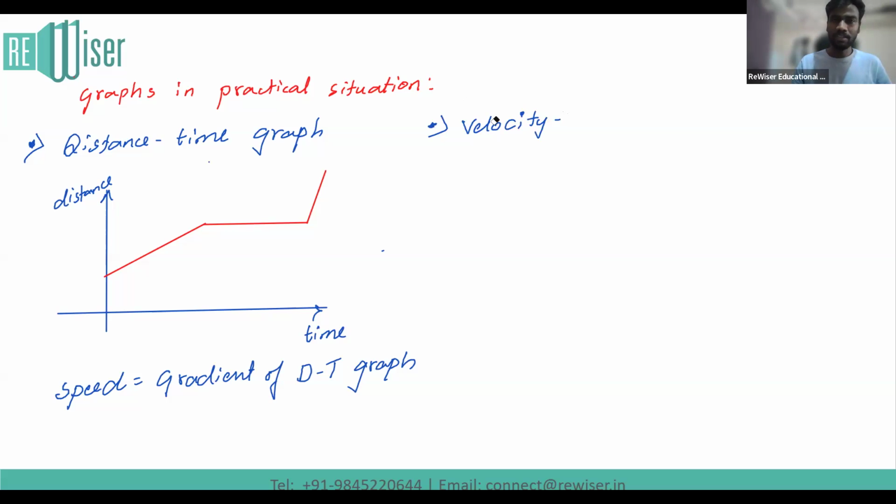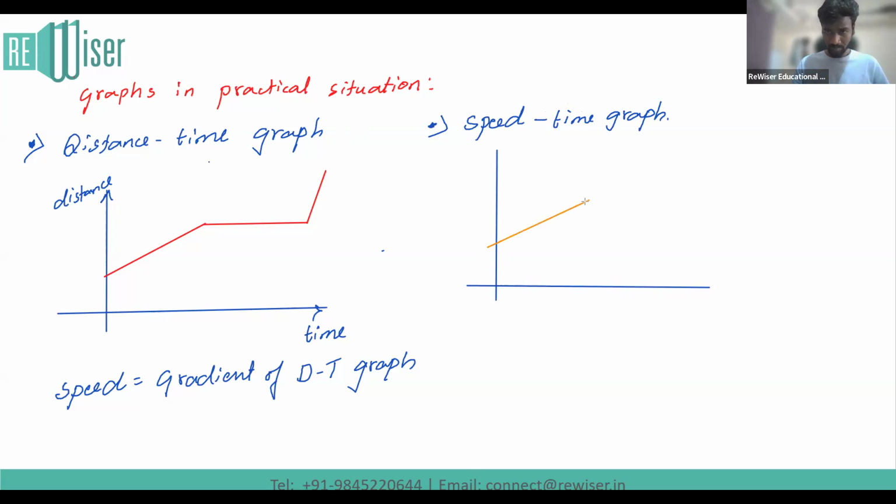And next, whenever we have a velocity time graph, usually it's going to be a speed time graph. So the speed time graph goes something like this, some random graph, something like this.